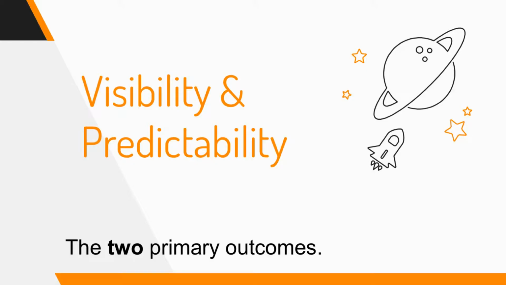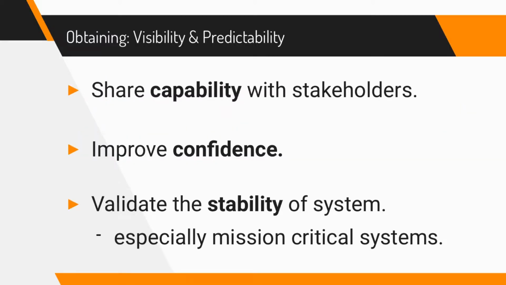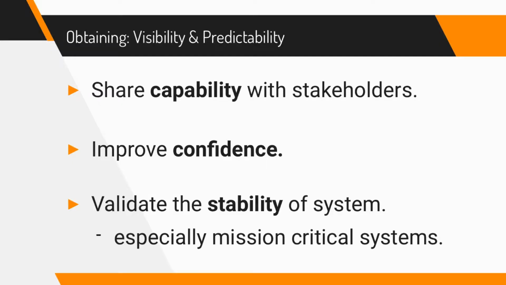Now, let's take a look at how you share this information going forward. You share this information with your stakeholders by the output, which will actually tell you the capability of your system. It will also improve confidence in the system, as you as a developer, you as an entrepreneur. It will also tell you how stable your system is, which comes back down to those three main indicators highlighted earlier.